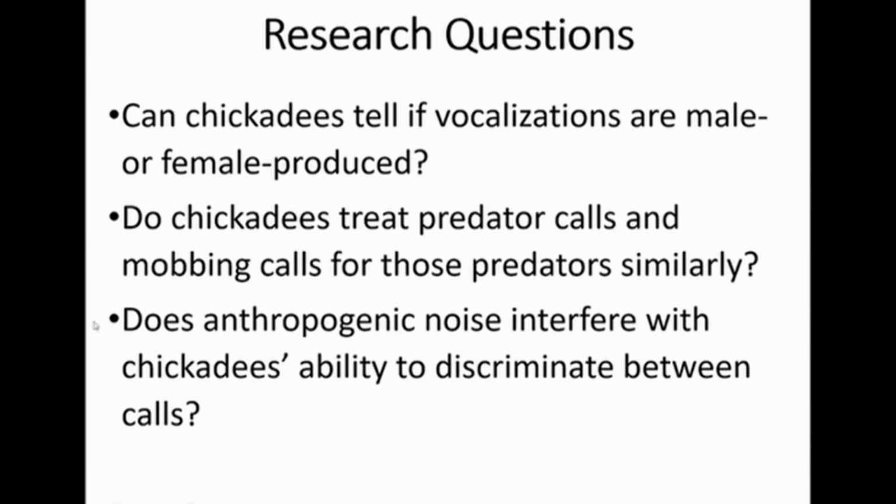And the last question that I've asked recently is, does anthropogenic noise, or human-produced noise, interfere with chickadees' ability to discriminate between calls? Basically, I'm asking, does anthropogenic or human-produced noise make it harder for these birds to communicate with each other? And the answer so far seems to be that it is influencing their behavior.